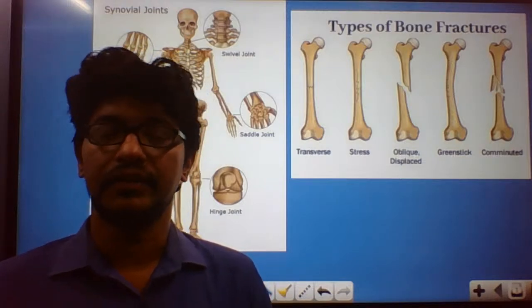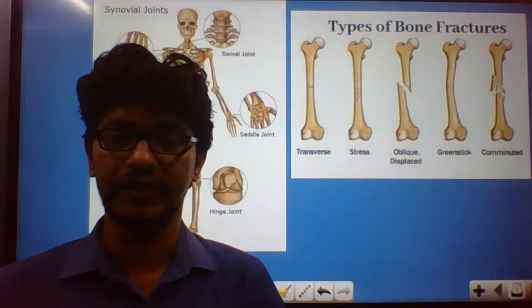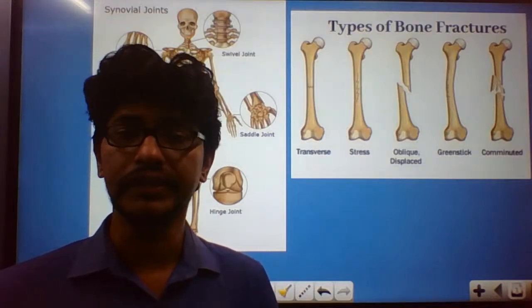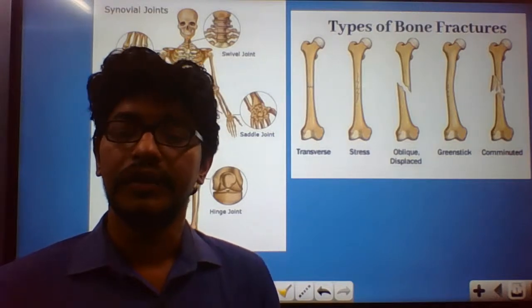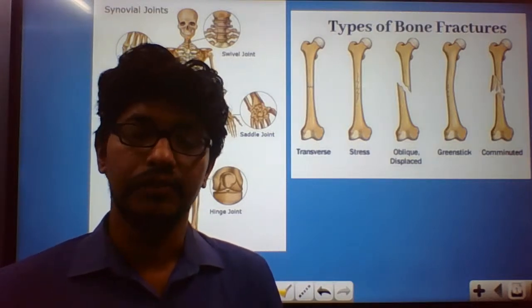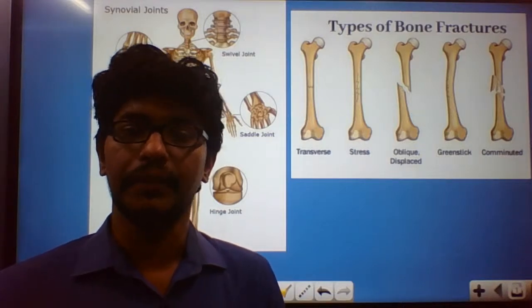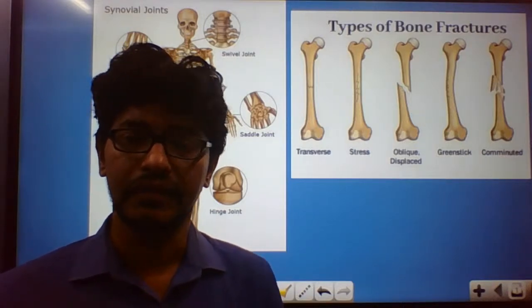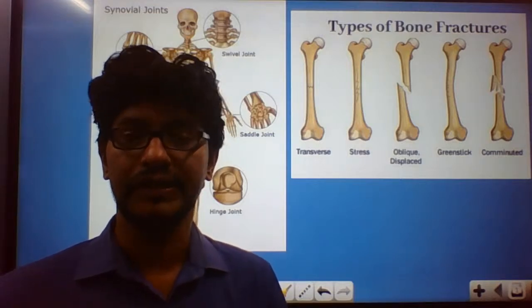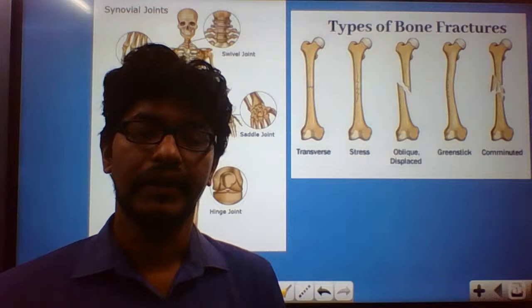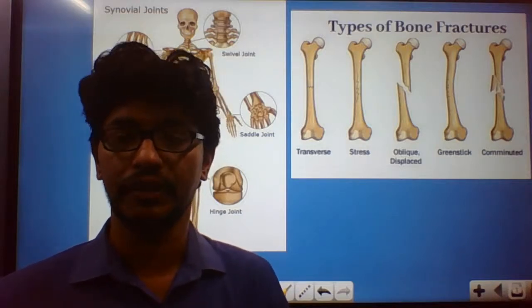Before we complete the finishing part of the skeletal system, let us quickly recap what we discussed yesterday. We discussed the skeletal system, especially the classification of the skeletal bones into axial skeleton and appendicular skeleton. We discussed the list of bones categorized under the axial skeleton, and the pelvic girdles and pectoral girdles under the appendicular skeleton.